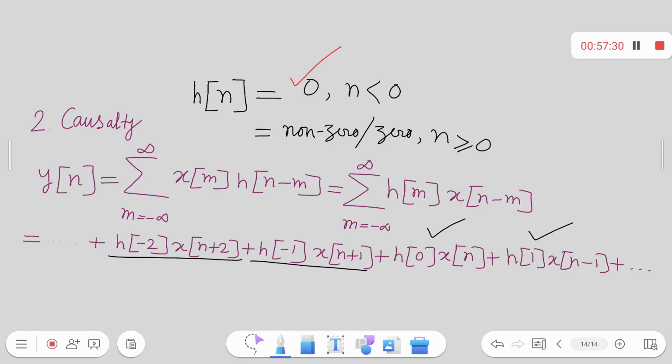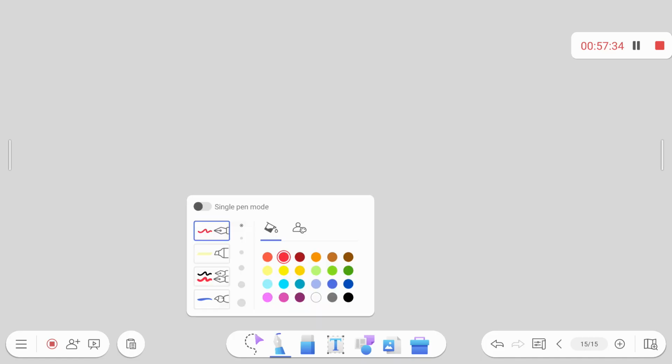Okay, so now let's move to the third very important property. That property is all about BIBO stability, bounded input, bounded output stability. Whether I can check that the system is BIBO stable or not just by observing the impulse response of the system.